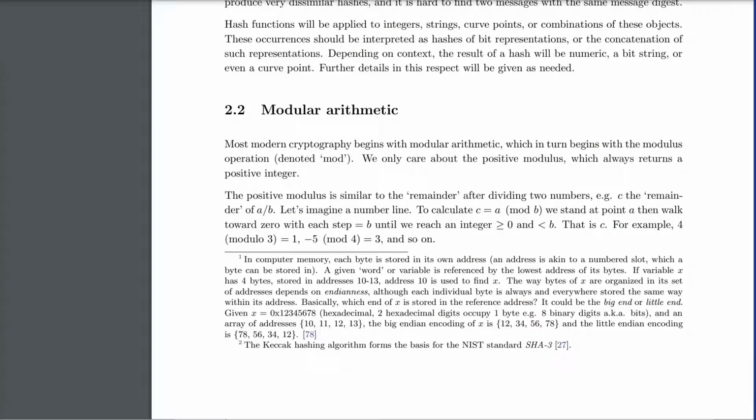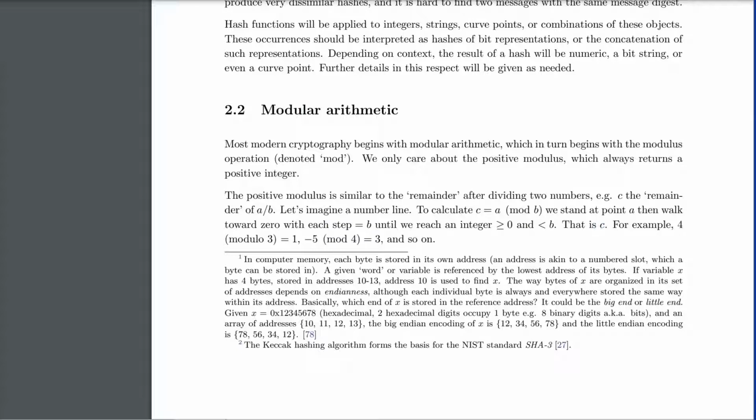We're asked to imagine a number line, and if we want to calculate the remainder C of A modulus B, we stand at point A and take steps towards 0, with each step being size b, until we reach an integer that is between 0 and b, or we can't take any more b-size steps. That result is the remainder that we know and love, C.